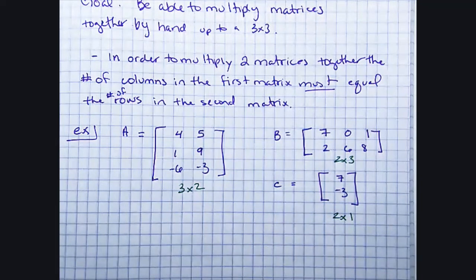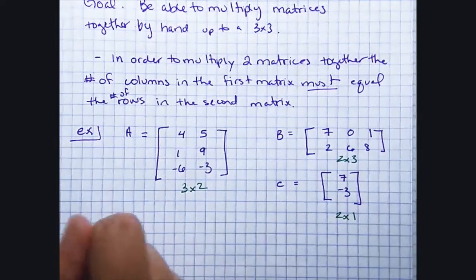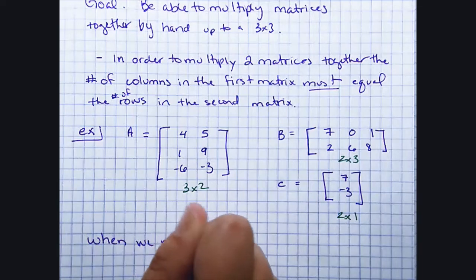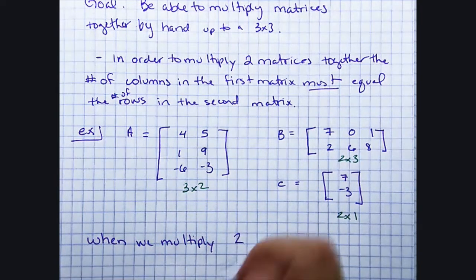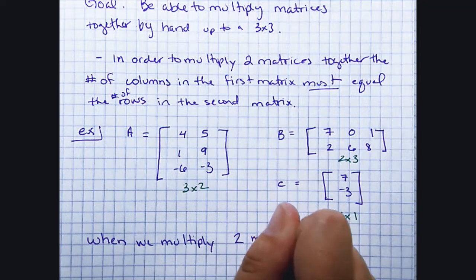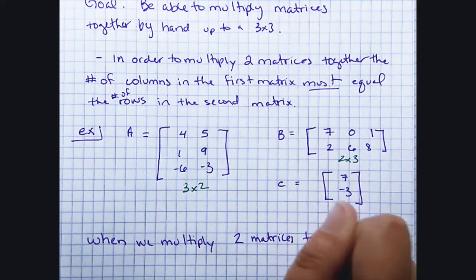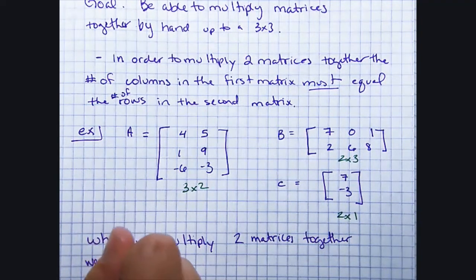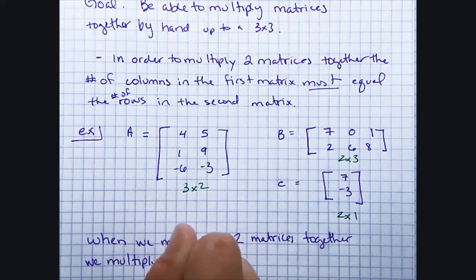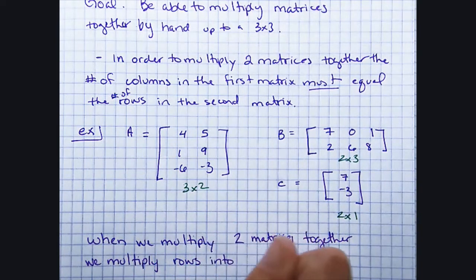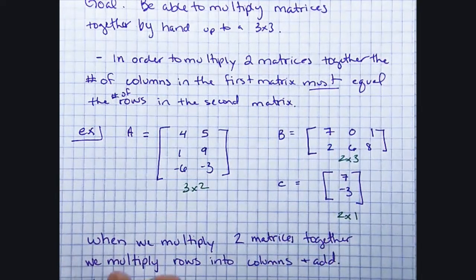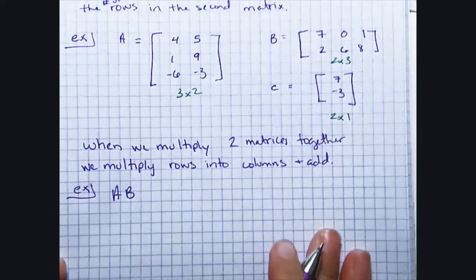And so this is so weird to do remotely, but when we multiply 2 matrices together, and we only can do 2 at a time, we multiply rows into columns and add.